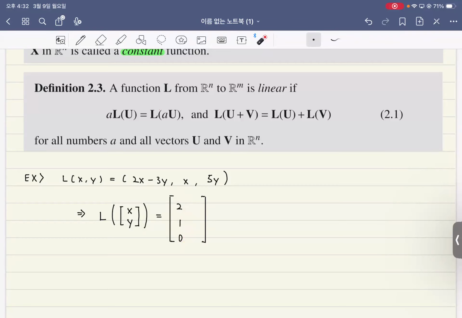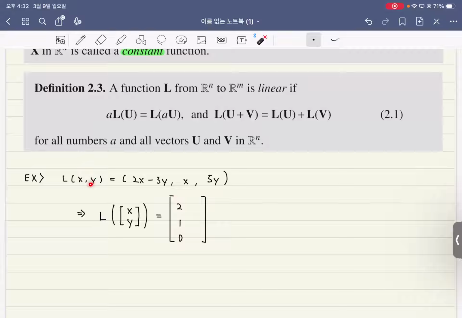That is because the entries in the first column are obtained by just plugging in the first standard unit vector. In other words, if you plug in 1, 0 into x, y, then you're going to get 2, 1, and 0. That is why I'm getting these guys here.